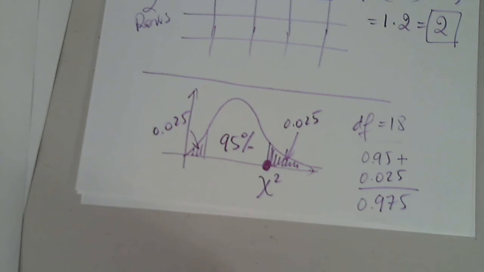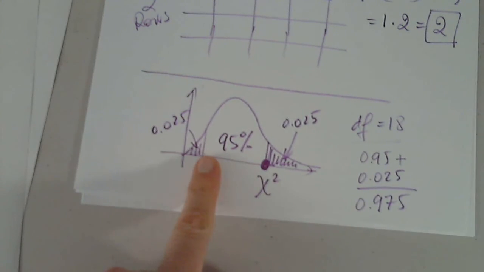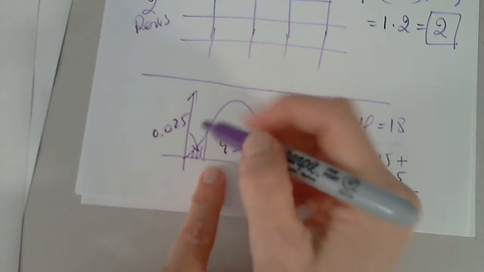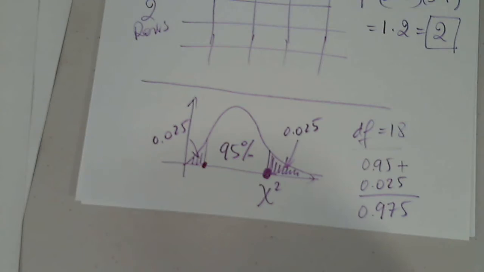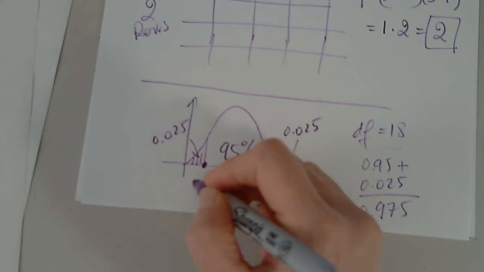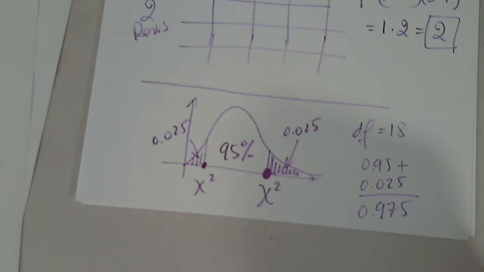For the other one, the area to the left is 0.025, so I will determine this value, this chi-squared. Let's go back to the table. And let me share.